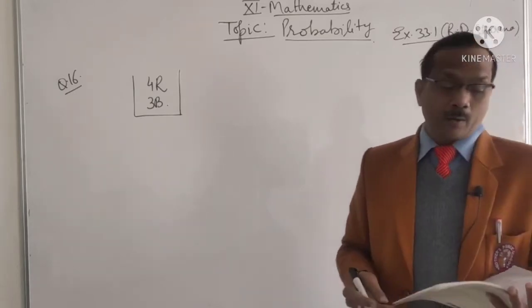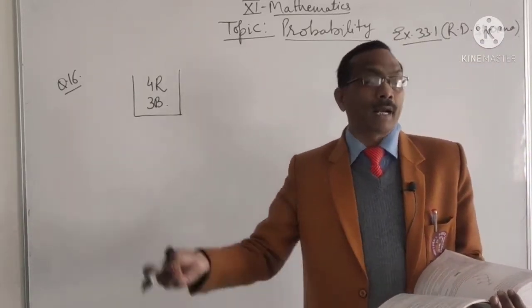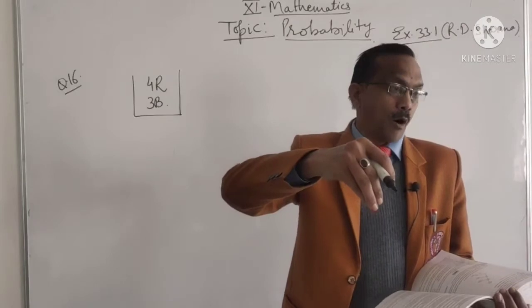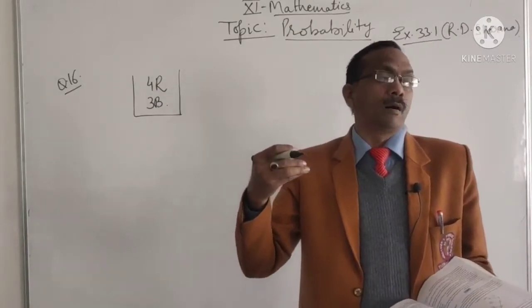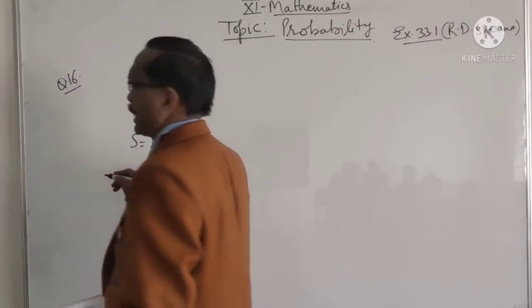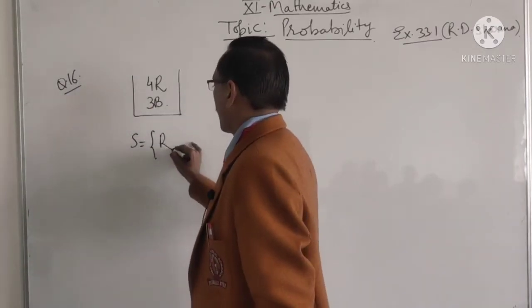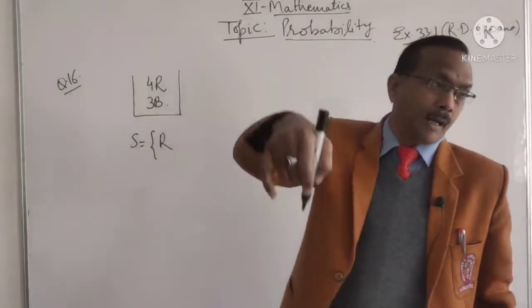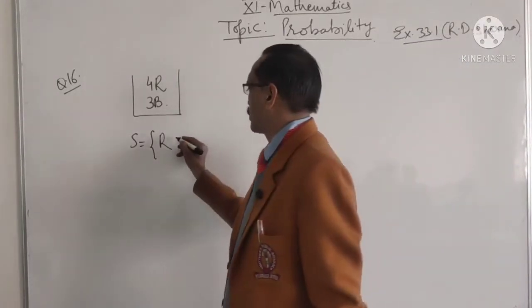So here you are taking a ball, then again putting that ball in the bag, again you are drawing a ball. So the sample space for this, suppose you are taking the red ball, you are putting that ball in the bag, then the second case also is a red ball.